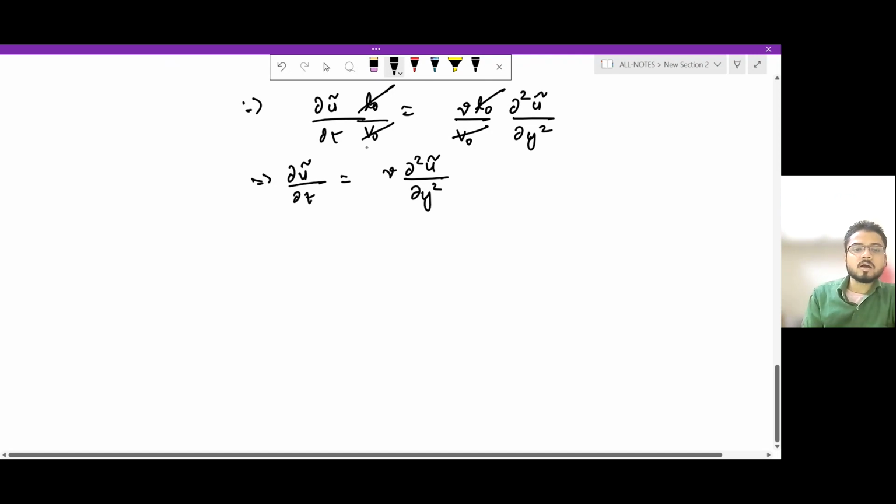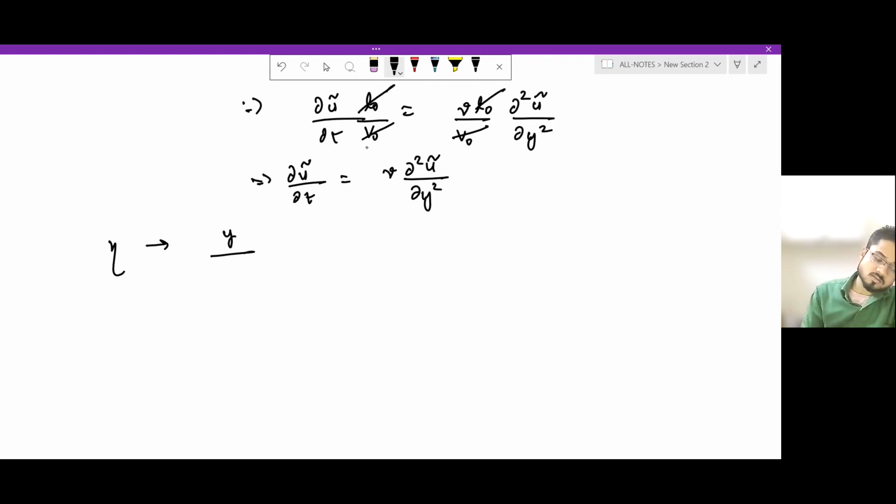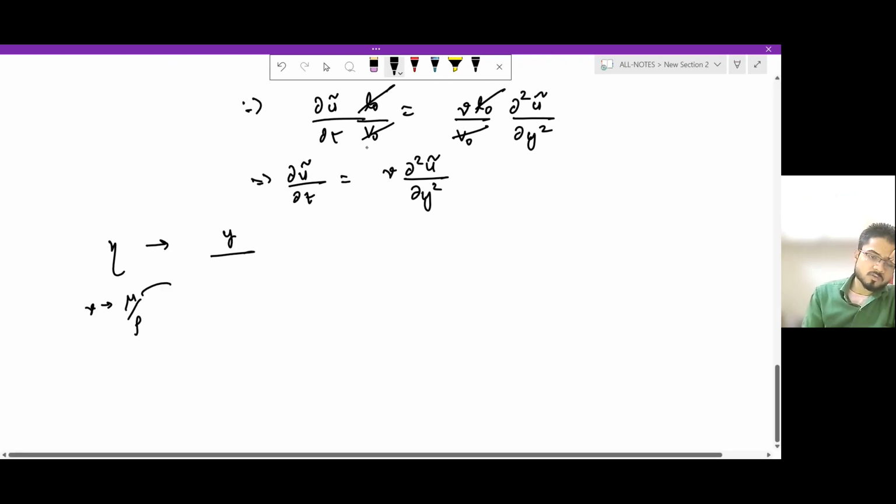Now, the combined variable eta that we were discussing can be something like this: y over some combination of ν and t, so that this entire thing is only dependent on eta. Is that possible? Can you think about it? It is possible, right? Because ν is μ over ρ. What was μ?